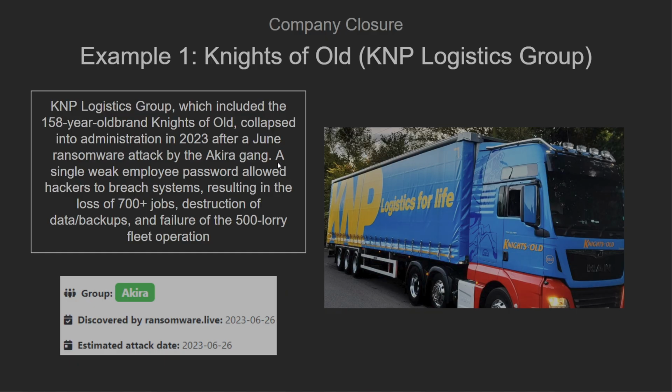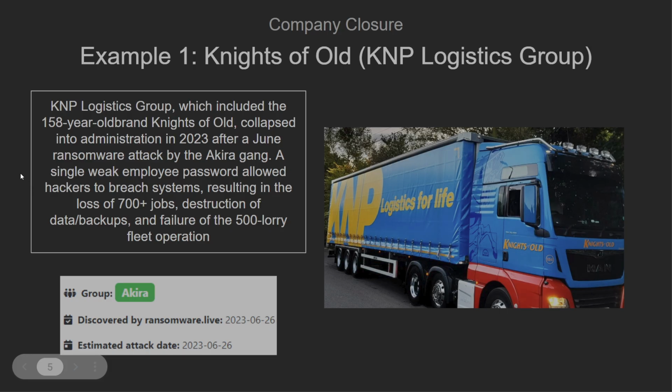Sometimes all it takes, and by the end of the rest of the slides it'll be very clear to you that these are not highly sophisticated methods or approaches used by threat actors to compromise these organizations. Sometimes it literally just takes a single weak employee password. Sometimes that's all it takes, resulting in the loss of 700 jobs and the failure of the 500 lorry fleet operation.